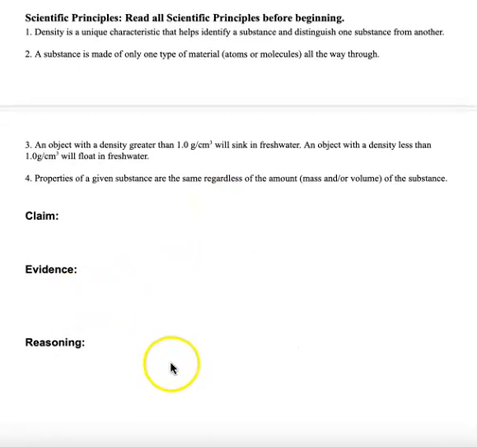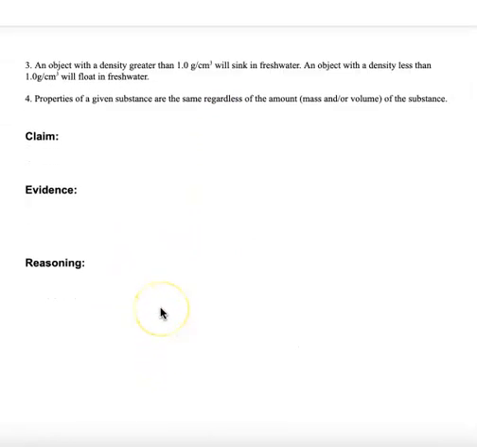Whatever it is, you're going to write it down, and I would include things like scientific principle number 1 says, or scientific principle number 2 says, whatever number you use. I would specifically say this is the scientific principle piece that supports my claim. You can even shorten it and say SP number 3, SP number 4, whatever it is.